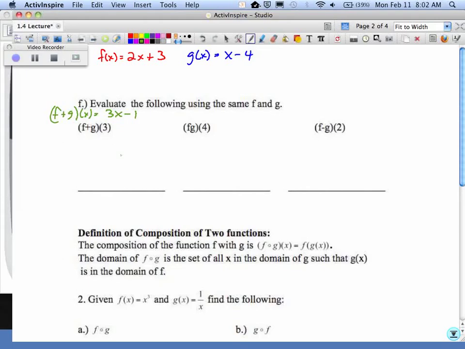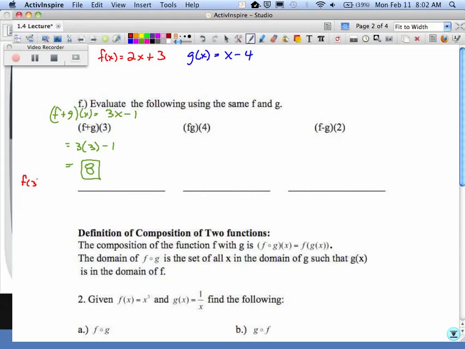What happens when I put 3 into the green function? I get 3 times 3 minus 1, and I get 8. Let's take the 3 and plug it into the red function.